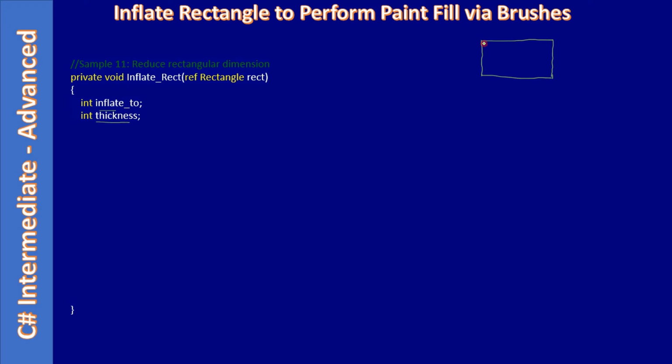Inflate means we provide some dimension so that we get an inflated rectangle with margin applied on all four sides. That way when you paint something here, we won't overwrite the pen stuff. Why? Because when we draw something using the pen, we use the rectangle, and if we use the same rectangle to paint, it will remove the painting done by the pen.